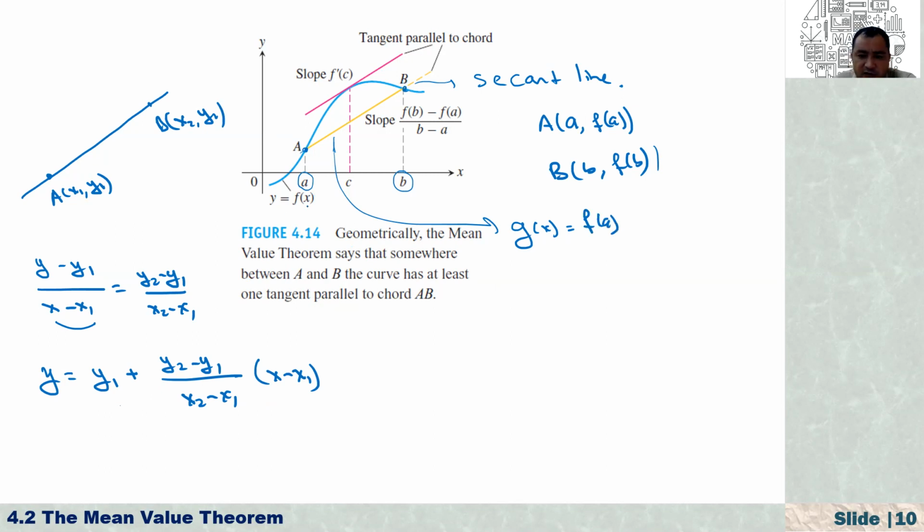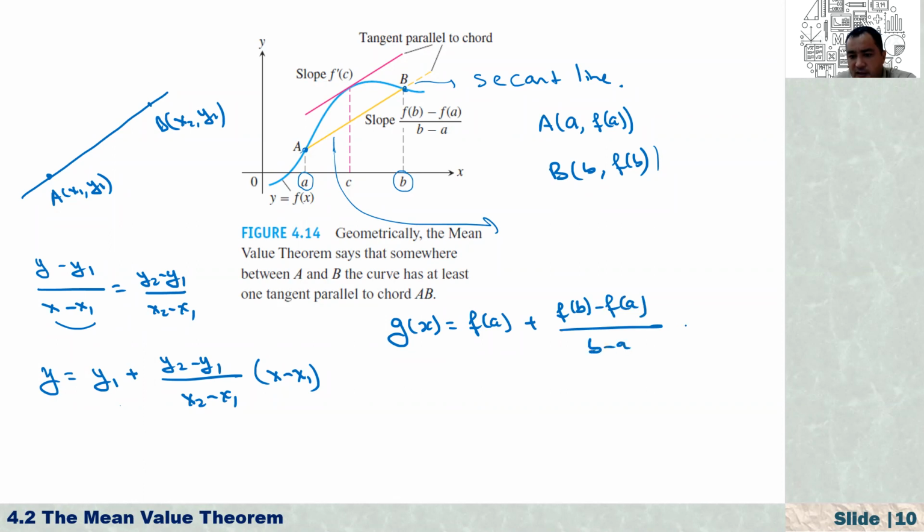Actually f of a and g of a, they are equal, right? And plus, here we have f of b minus f of a. Just write from here, g of x is equal to f of a plus, here we have f of b minus f of a over b minus a, and here we have x minus a.